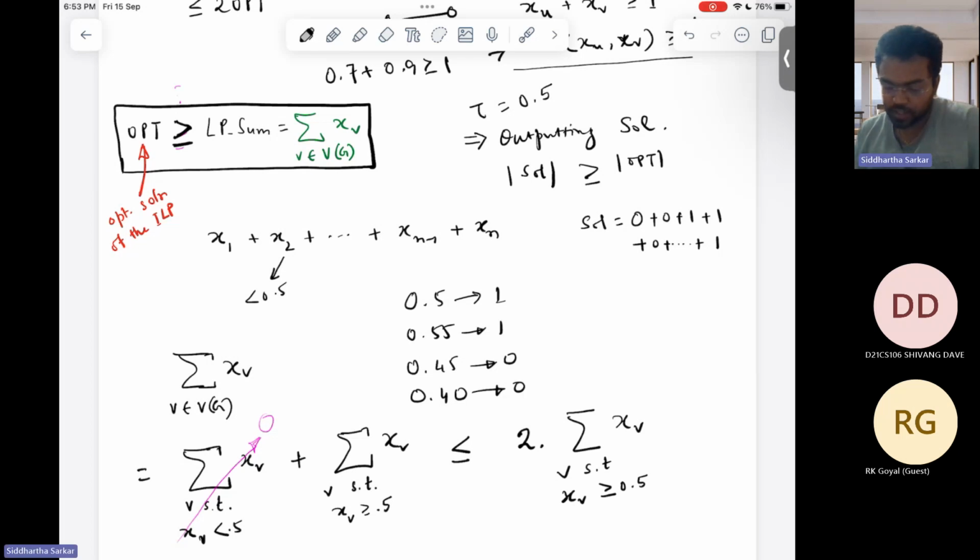Okay. Why can we say that? Consider a variable xv, let us say it is 0.5. So 0.5 you have upgraded to 1. 0.55 you have upgraded to 1. So every variable you have upgraded to at most twice its value. So xv is replaced by at most 2xv, correct?